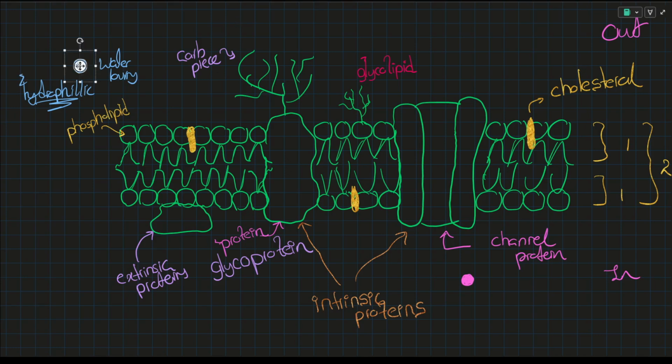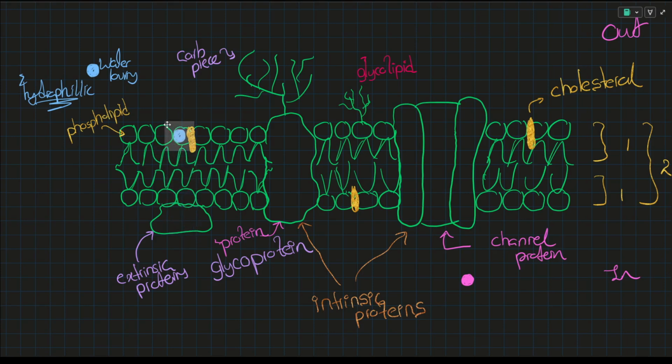So that means this guy has no problem interacting with the phospholipid heads because they are hydrophilic themselves. But it cannot cross through this space into here, because once the molecule reaches the tails, it's a hugely hydrophobic nature. It's going to have to counteract. It can't do that. So there's no way that this molecule goes through like this.